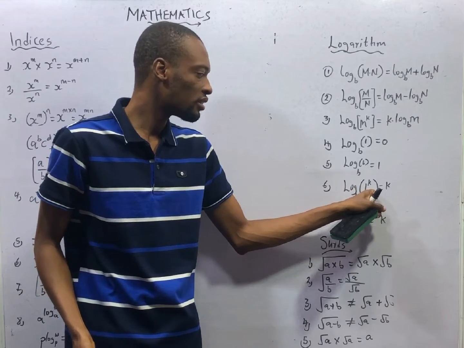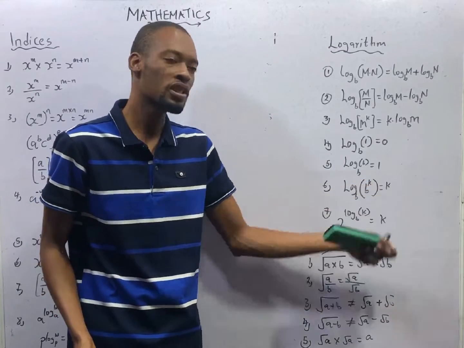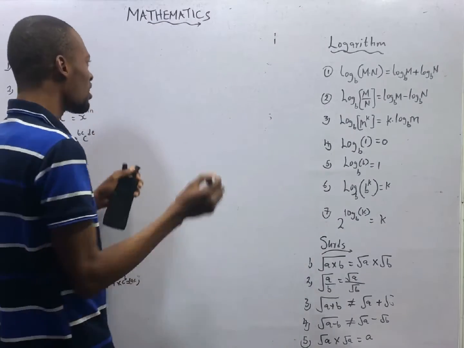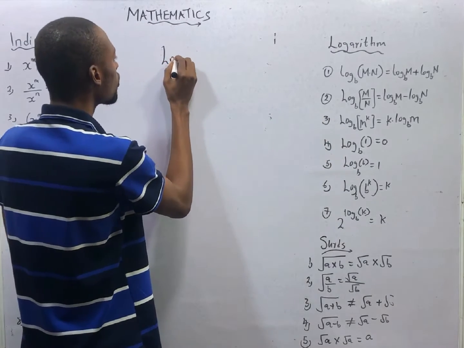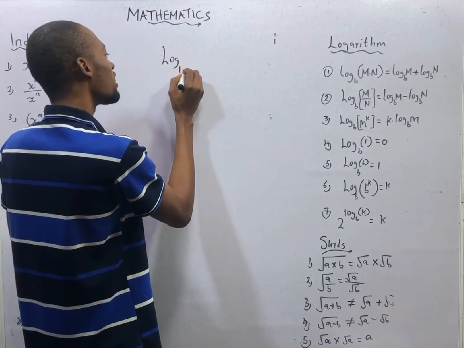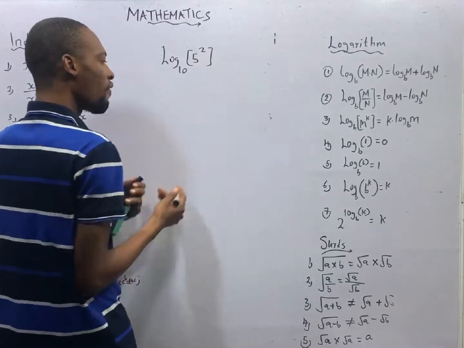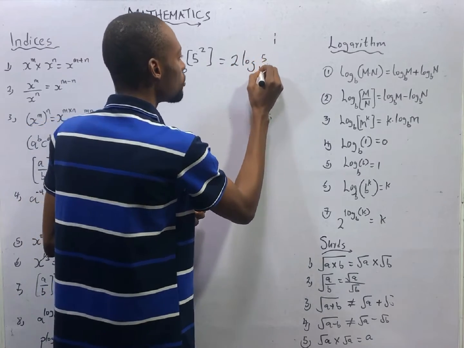And the sixth law says that if you have log of a base raised to the power k, and the base are the same, the answer is equal to k. Remember in law 3, we said if we have log 10, 5 squared, that this is the same thing as 2 log 5 to base 10.